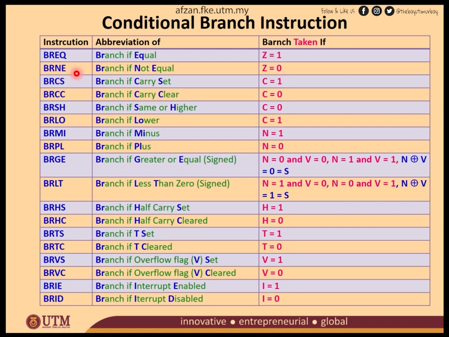By using BRNE, can you do a jumping or branching? No, you cannot, because Z is not equal to 0. There are a few more conditional branch instructions that you can see here. In this course, we only take a look at a few of them.